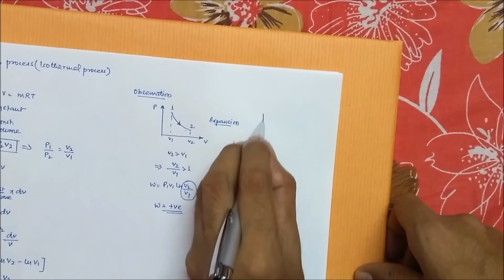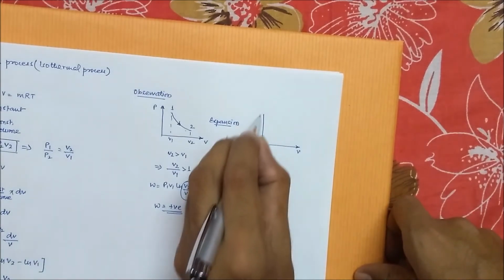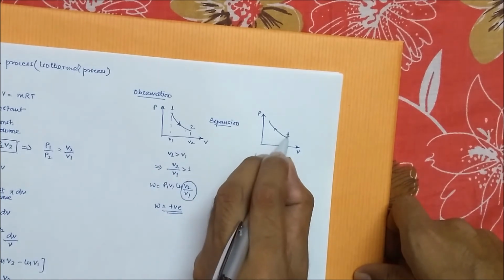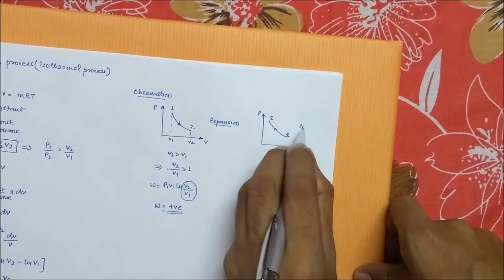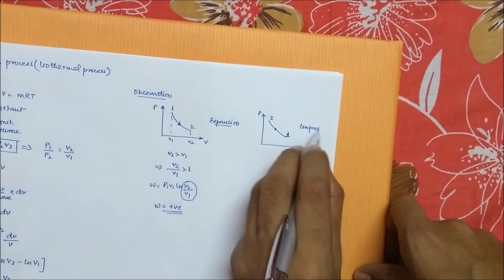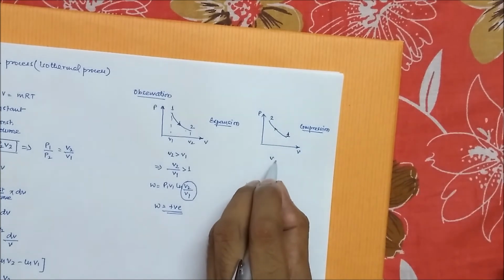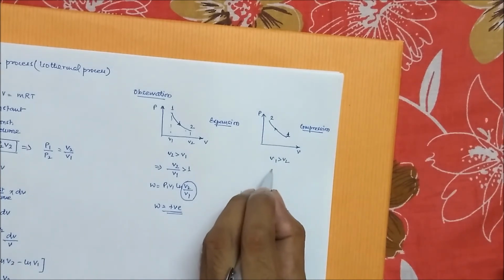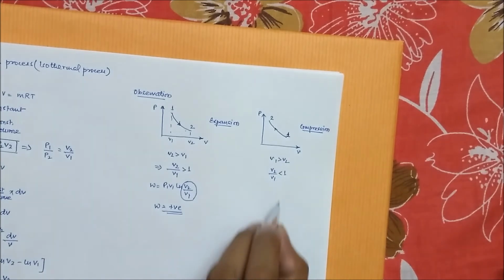But when the process is like this, one to two, it is a compression process, meaning V1 is greater than V2, that means V2 by V1 is less than 1.